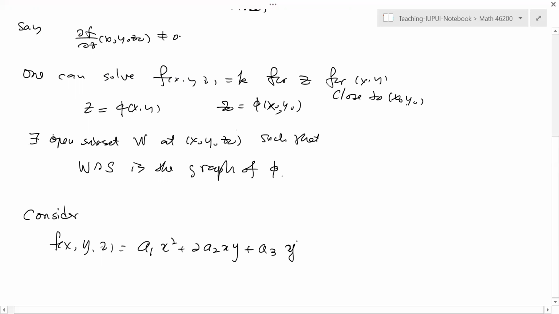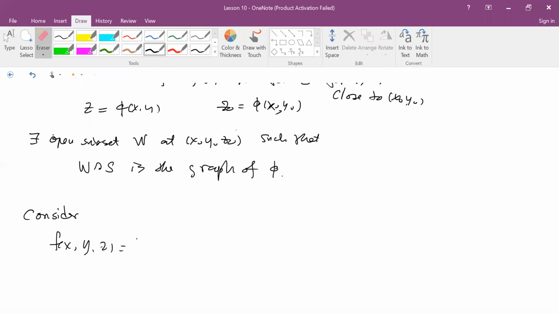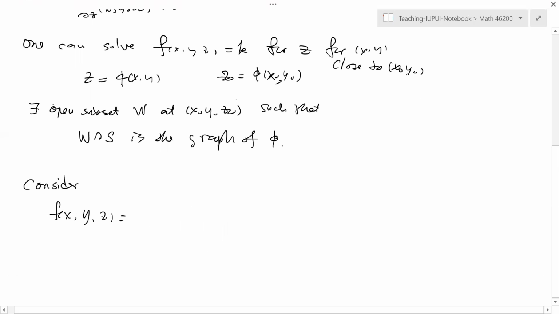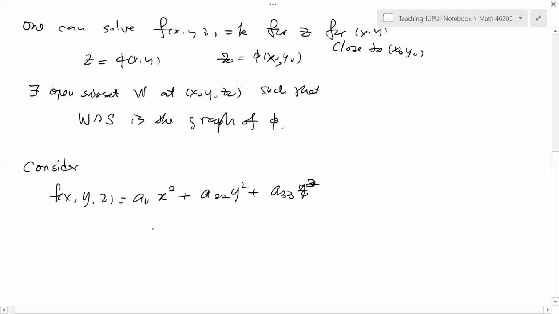No, I have more than that. A1, A2, A3, then I have lots of coefficients. It's better to use some other notation. So I'm going to use A11 x squared, A22 y squared, A33 z squared, and then I also have a mixed term A12 xy.